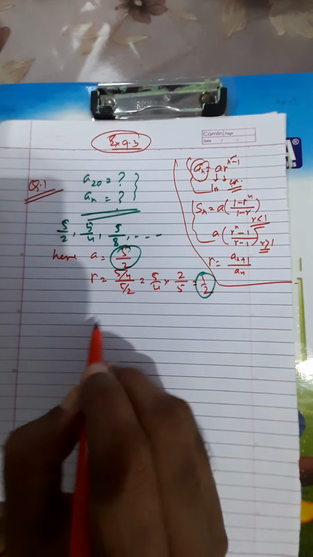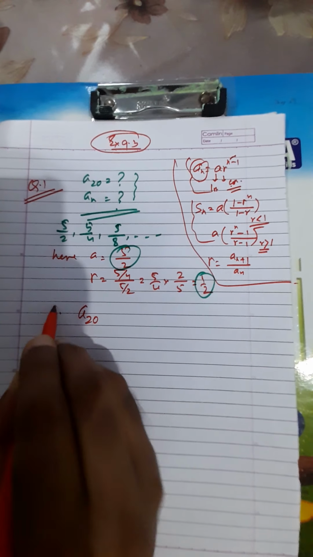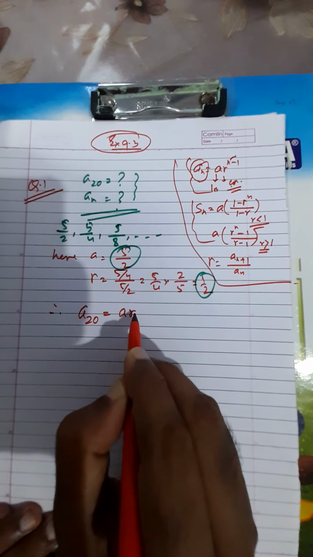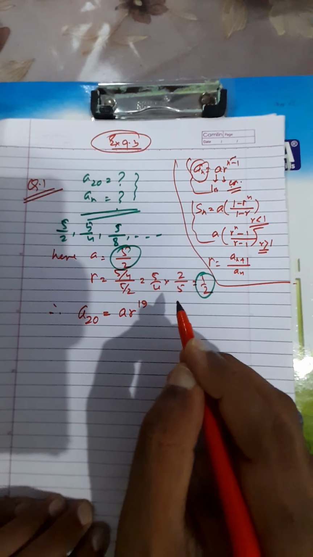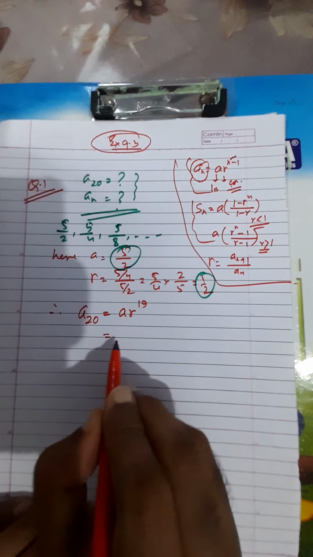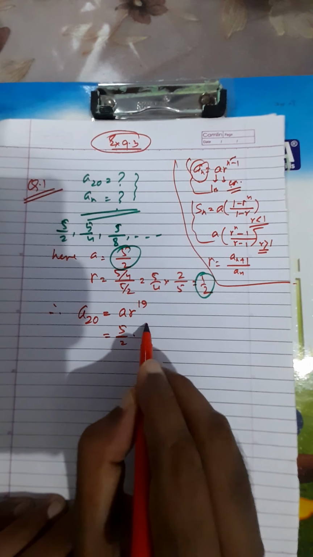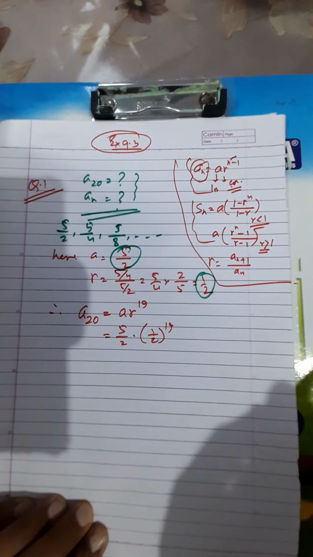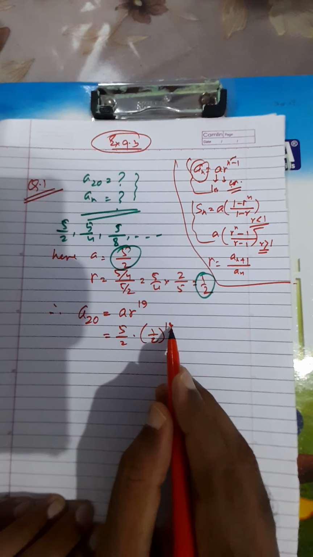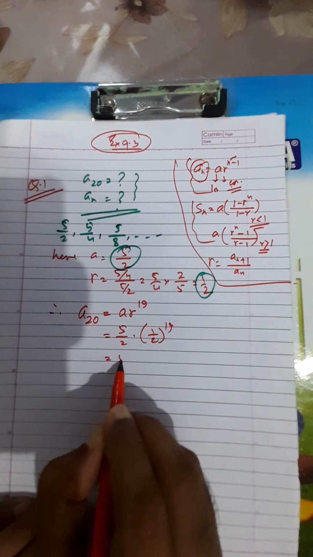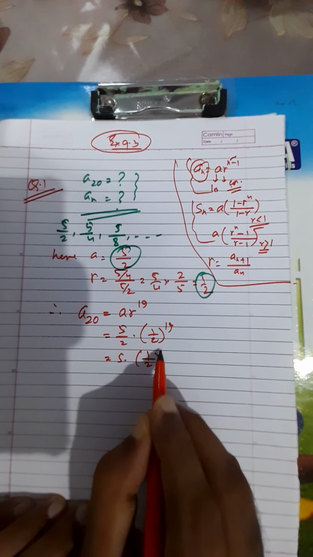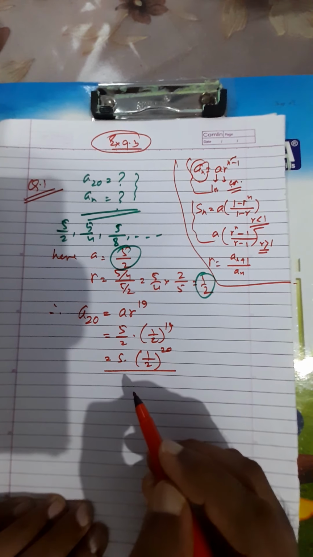Now A20 is equal to A r to the power 19. A is 5 by 2, R is 1 by 2, whole to the power 19, which ultimately is 5 into 1 by 2 to the power 20.